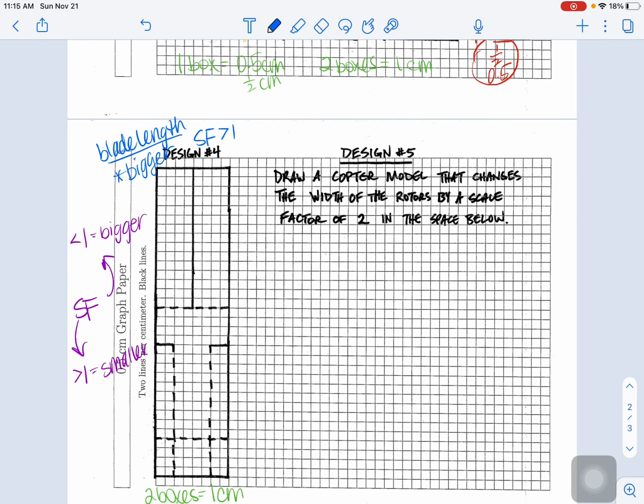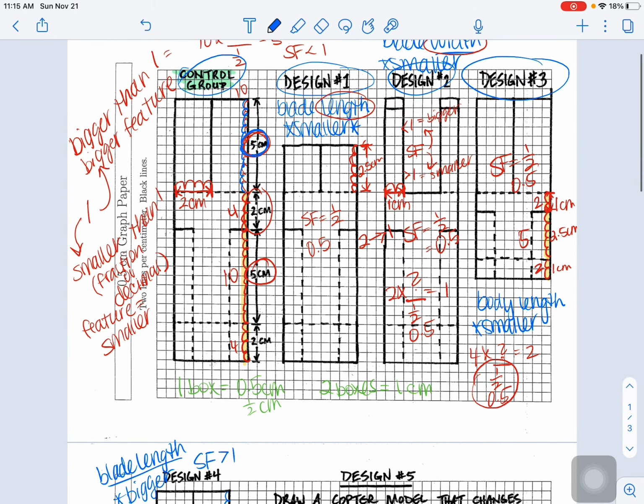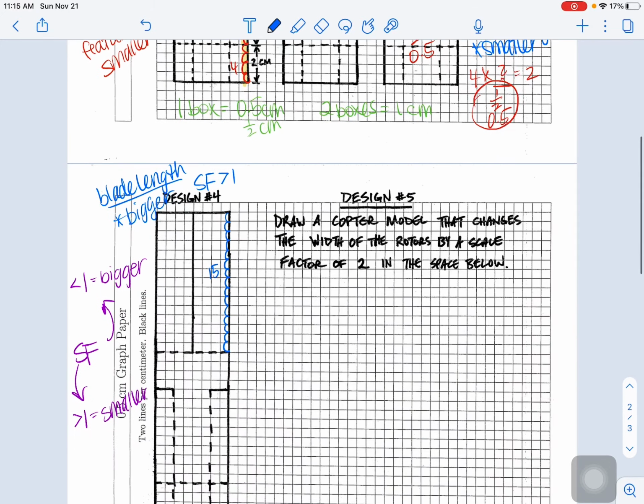Let's see how many boxes we've got. 1, 2, 3, 4, 5, 6, 7, 8, 9, 10, 11, 12, 13, 14, 15. All right, we have 15 boxes here. So we went from 10 boxes to 15 boxes. So 10 times what equals 15.